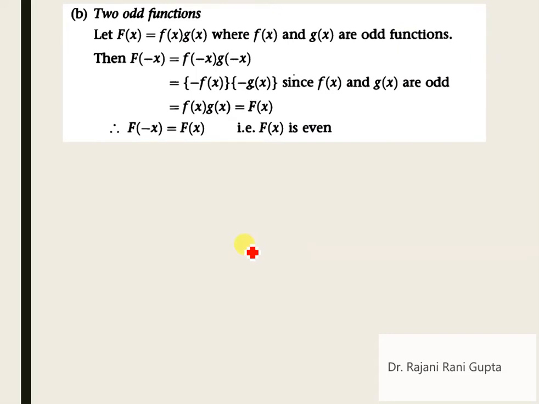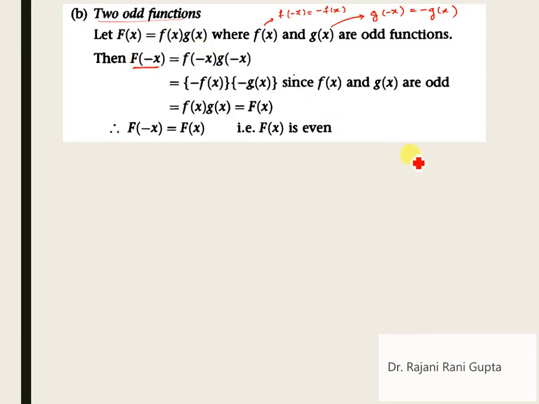Now, similarly, if we want to prove that the product of two odd functions is an even function, again we consider the same thing. Capital F of x as the product of two functions f of x and g of x, where both are odd functions. Since f of x is an odd function, f of minus x is equal to minus f of x. And g of x is an odd function, so by definition, g of minus x is equal to minus g of x. Now, let's consider F of minus x.